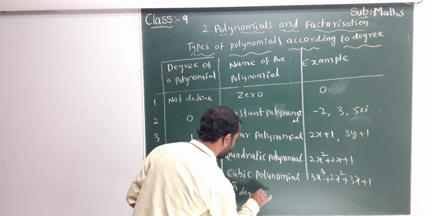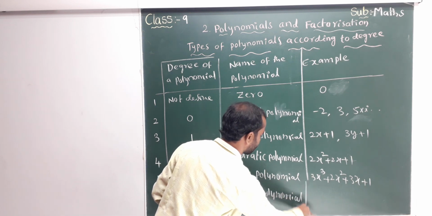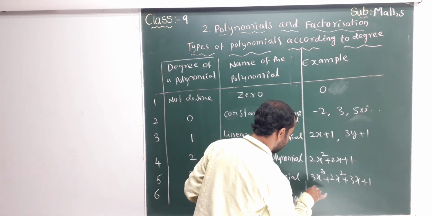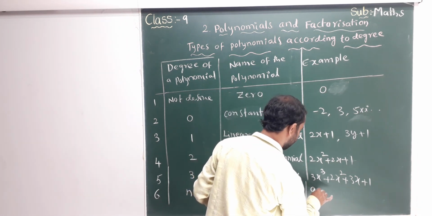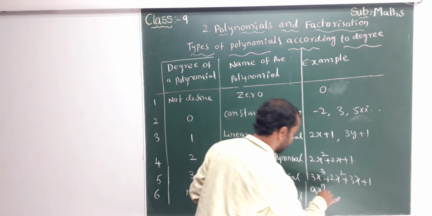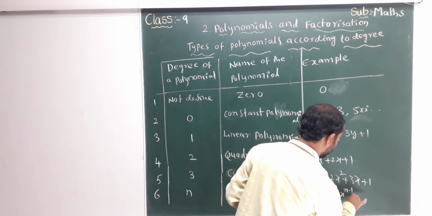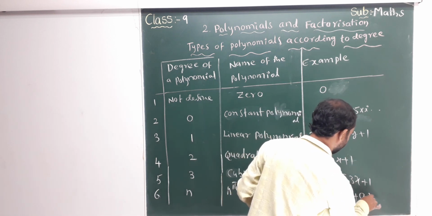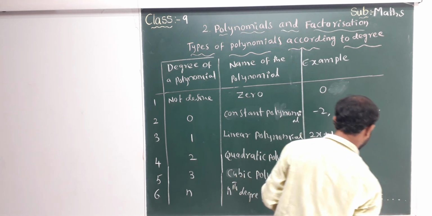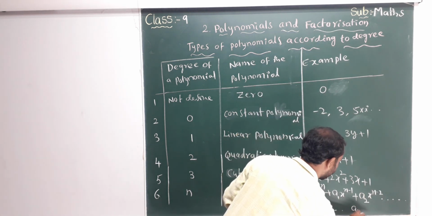The general form of the nth degree polynomial we can write as a0 x to the power of n plus a1 x to the power of n minus 1 plus a2 x to the power of n minus 2, and so on, up to the last term, which is the constant term an.